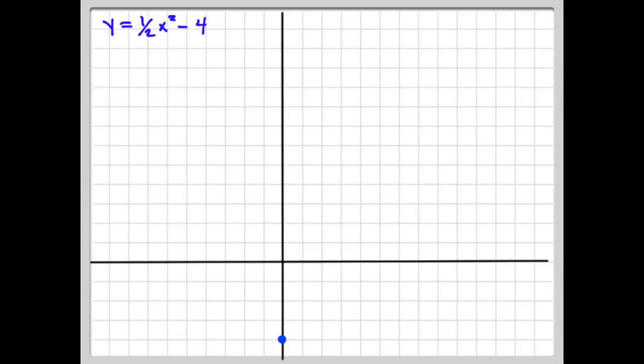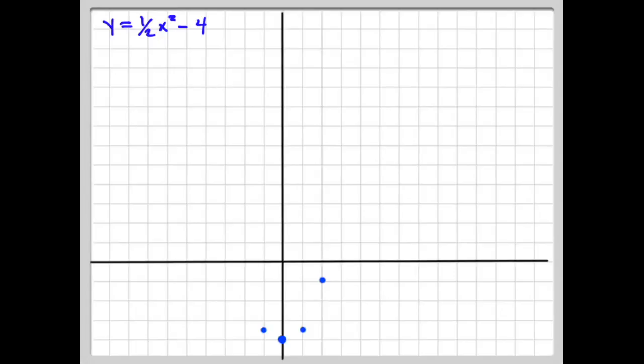So we're going to go over 1 and up 1/2. We're taking our 1, 3, 5, 7, 9 and multiplying by 1/2. Then we go over 1 and up 3/2. 1/2, 3/2, 5/2, 7/2, 9/2, 11/2.